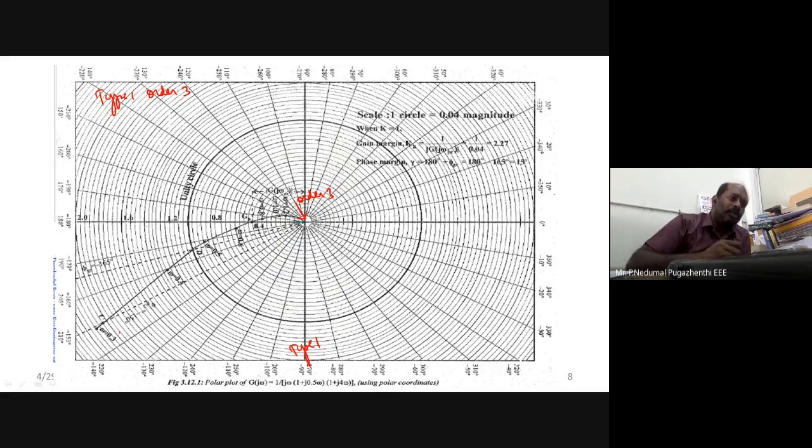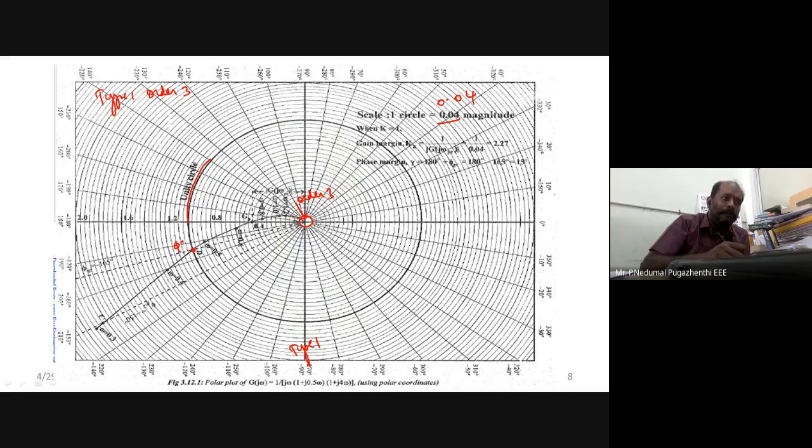So your polar plot is looking like this, and based on the scale, every circle here is going to be 0.04. So every 10 circles will have 0.4, 0.8, 1.2, it goes on. So the unit circle is available here.